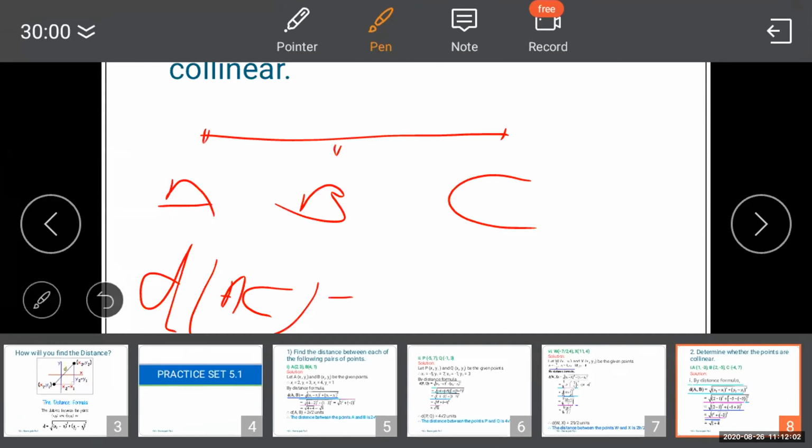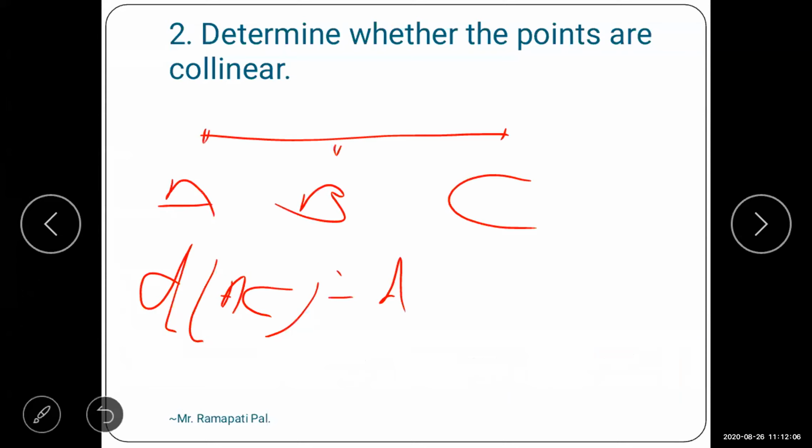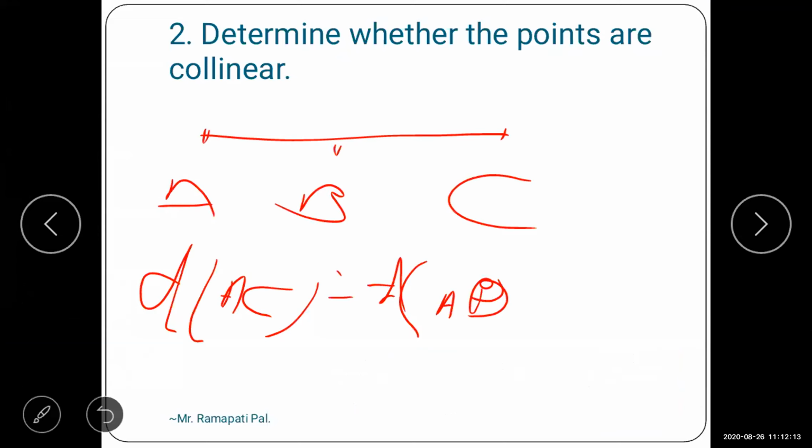distance AB plus distance BC. This should be there. If distance AC is equal to distance AB plus distance BC, then it is collinear.